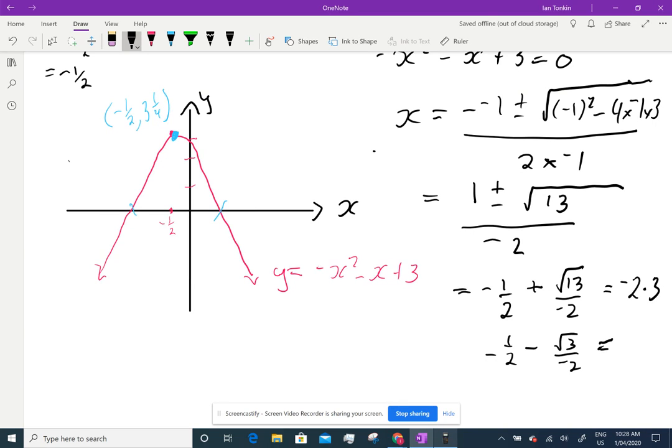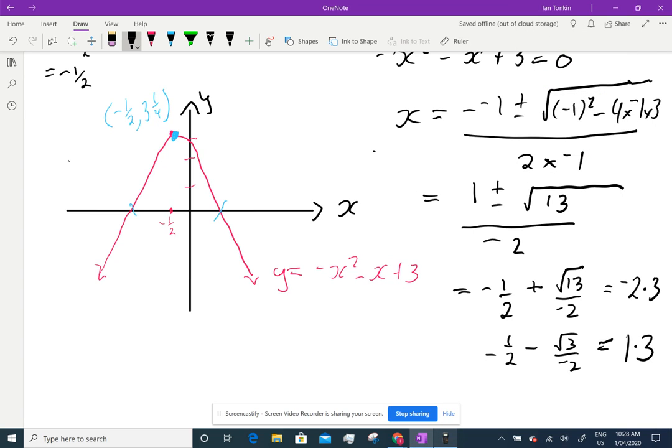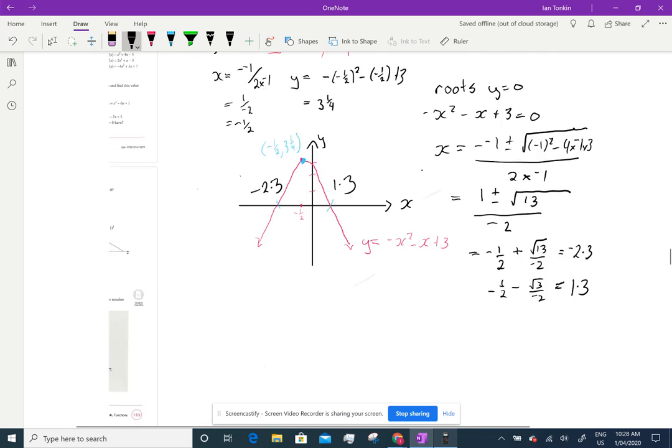This other one, if I go back and change that to a plus sign, I change it to a minus sign, 1.3. So it's 1.3 and negative 2.3.